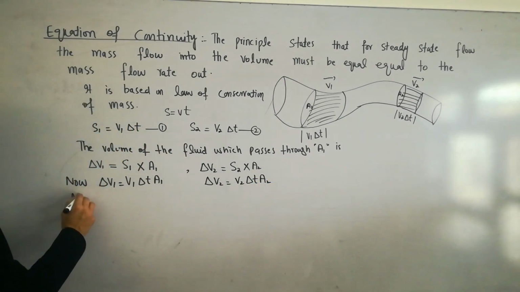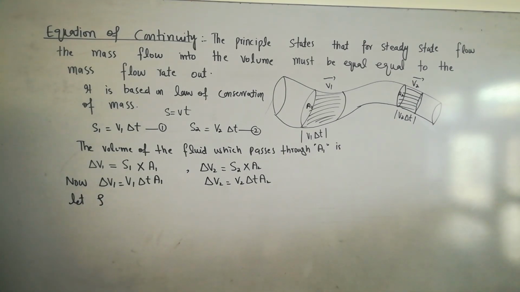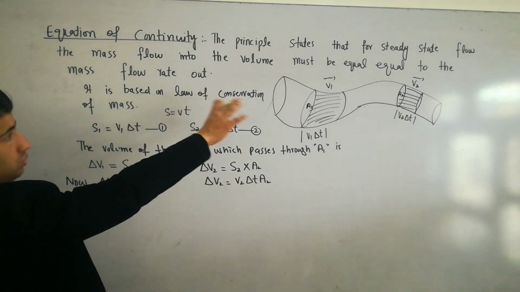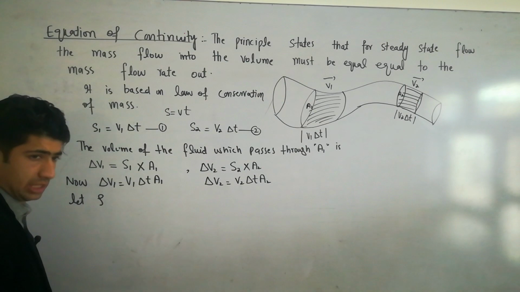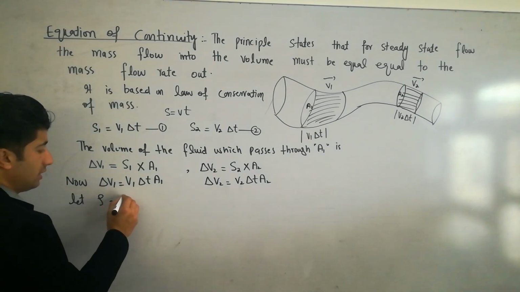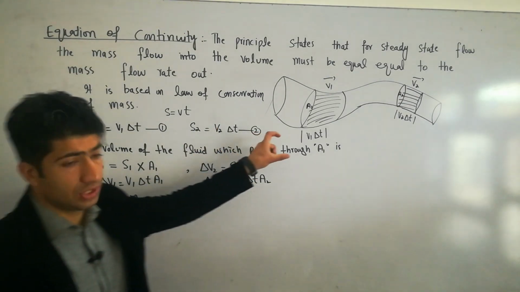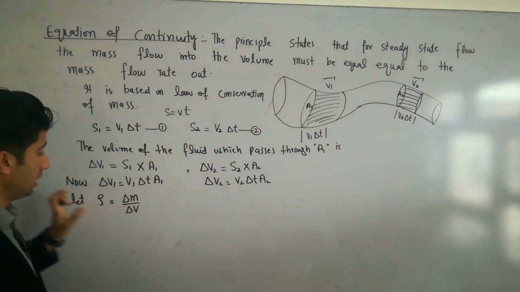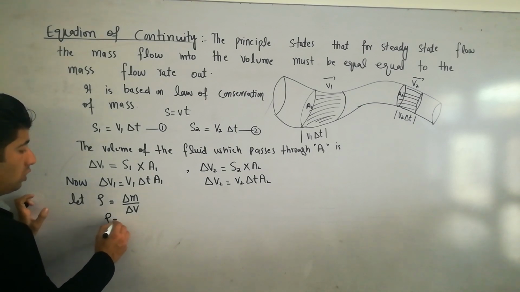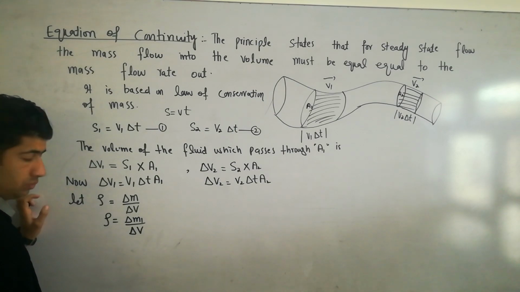Let rho be the density of the fluid which passes through area A1 and similarly area A2. What is density? Density is mass per unit volume. So the density of the fluid which passes through area A1 will be rho equal to delta M1 divided by delta V1.